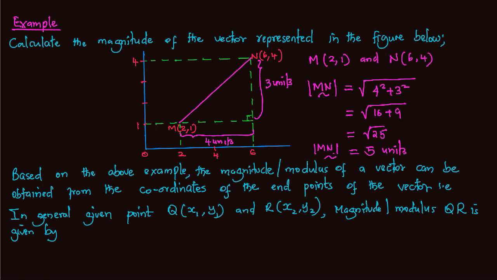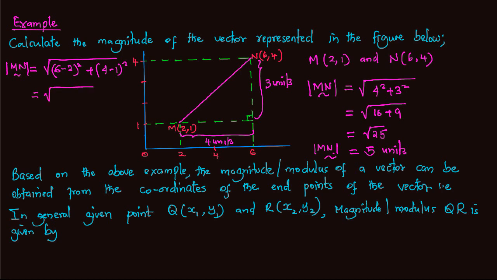The same can be determined from the coordinates, so that the MN modulus can also be given as, using the coordinates, we subtract the corresponding x ordinates of M and N, so we have (6 minus 2) squared plus (4 minus 1) squared.